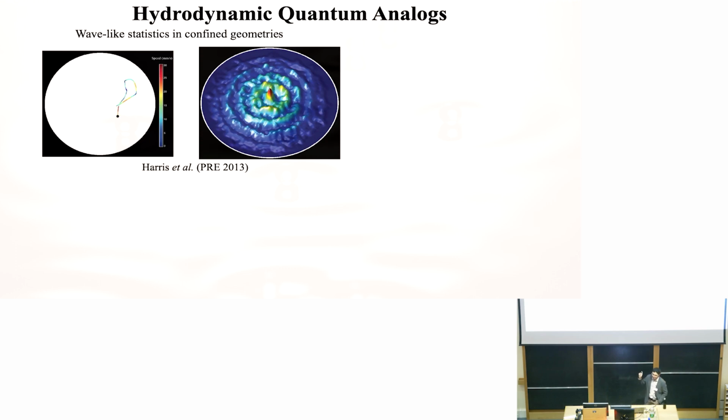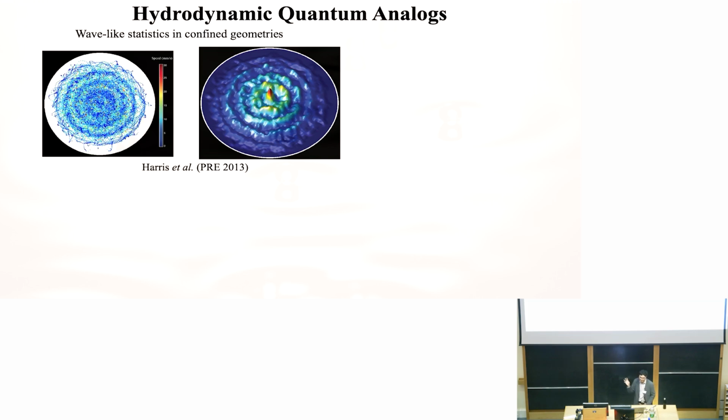So here is an experimental video showing tracking of a droplet confined in a cavity, and the size of the cavity is of the same order as the wavelength of the waves generated by the droplet. So the droplet does this apparently chaotic-looking motion inside the cavity, and if you track the motion for a few hours, it's chaotic and nothing much is going on.